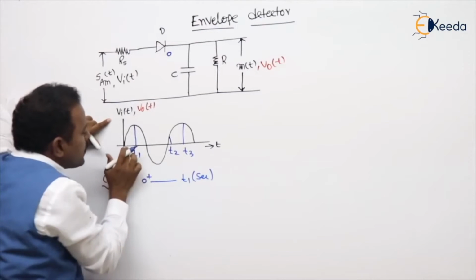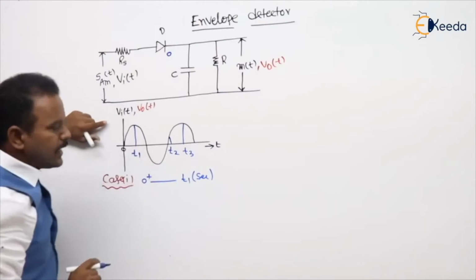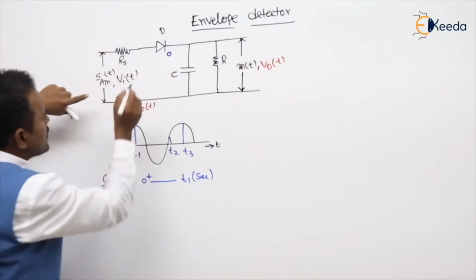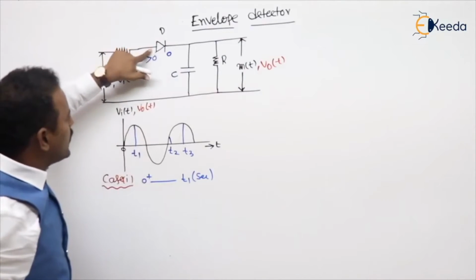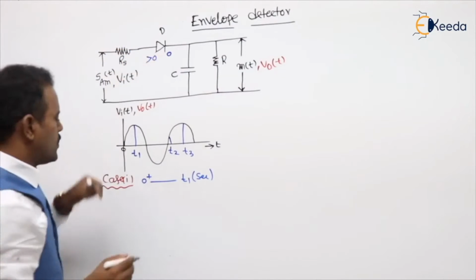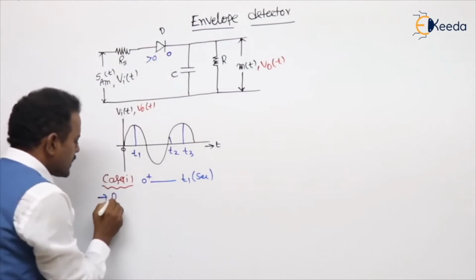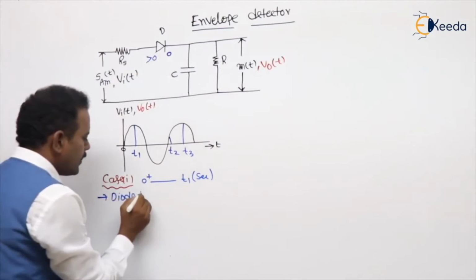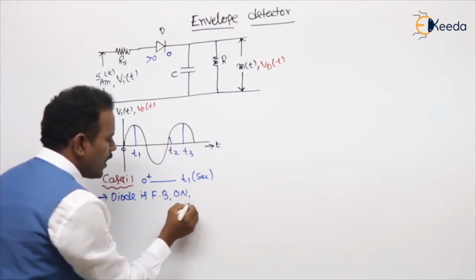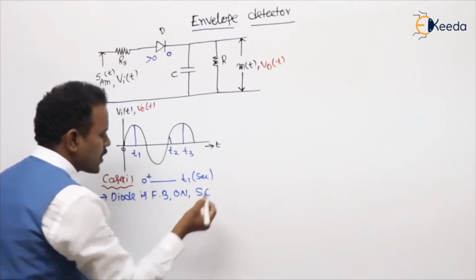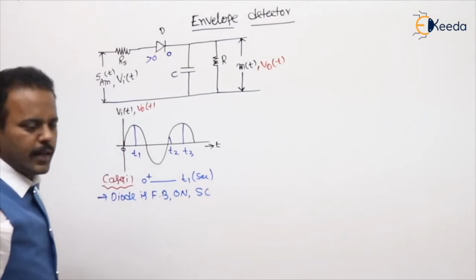After 0+ it increases to some value, which is obviously greater than 0. So the positive terminal is greater than 0, and the negative terminal is at 0. So I can say the diode is forward biased. Forward bias means on. On means short circuit.